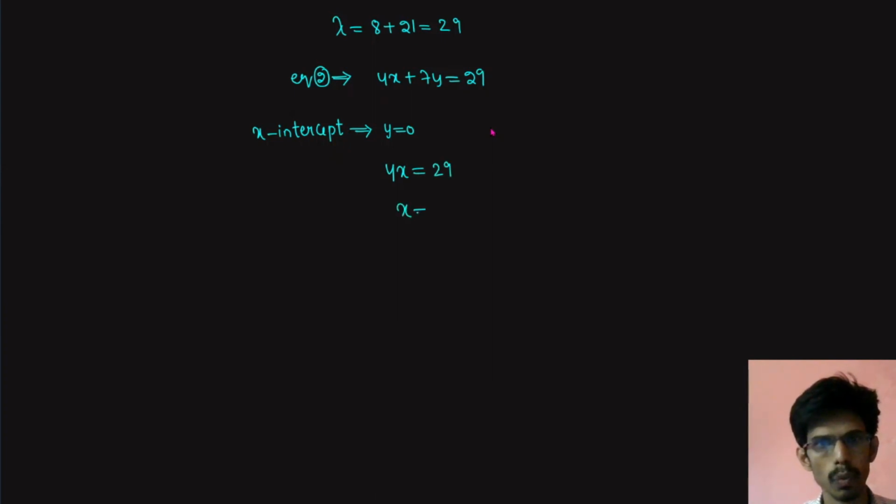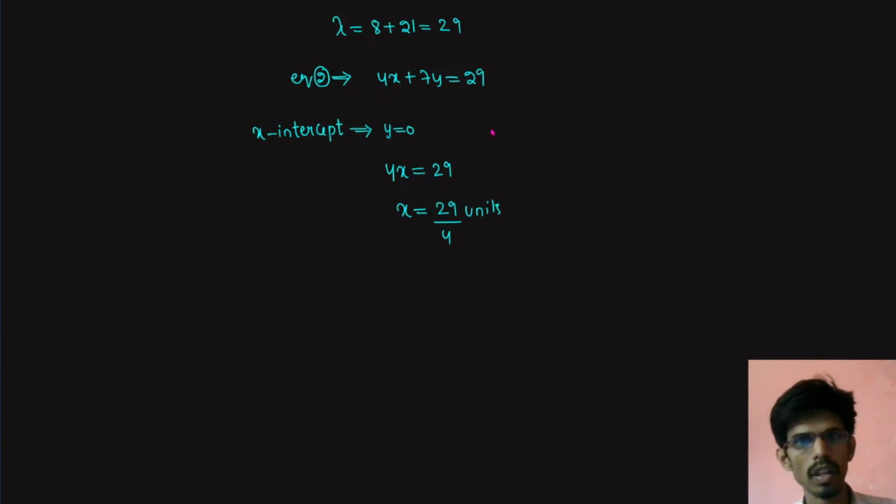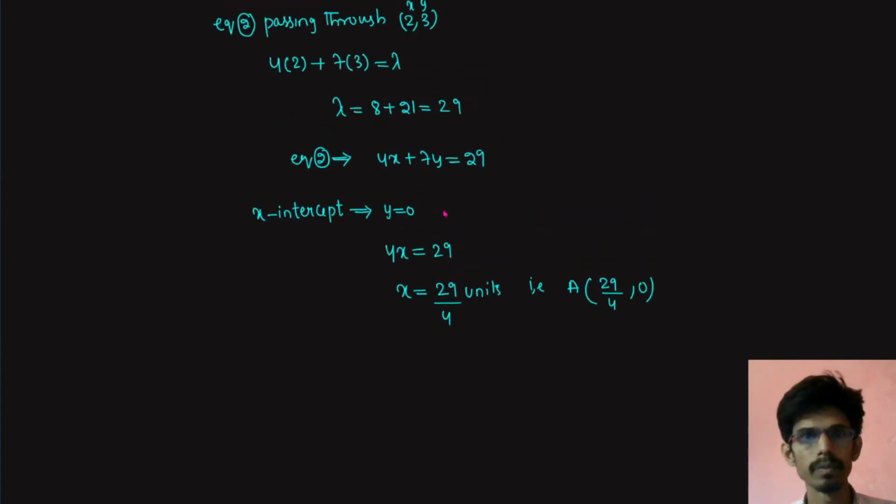So x is equal to 29 by 4 units. So this is the x intercept. X intercept means the value of x for which y is 0. That is a point. It indicates a point A on the x-axis that will be at a distance of 29 by 4 units from the origin.